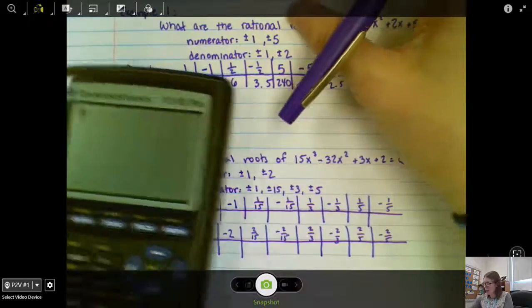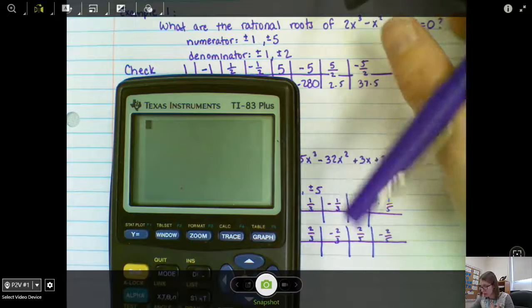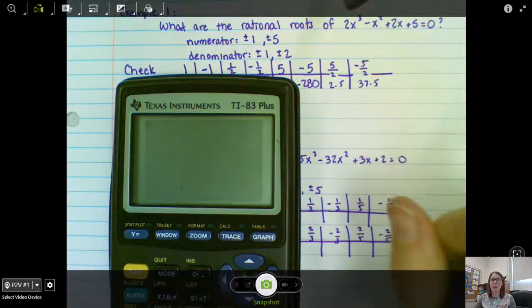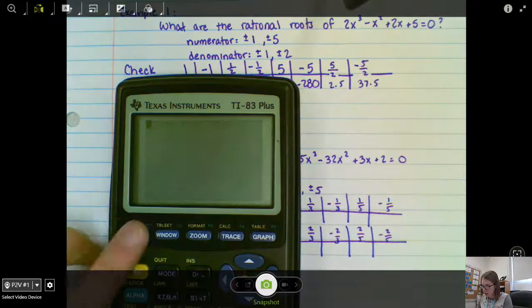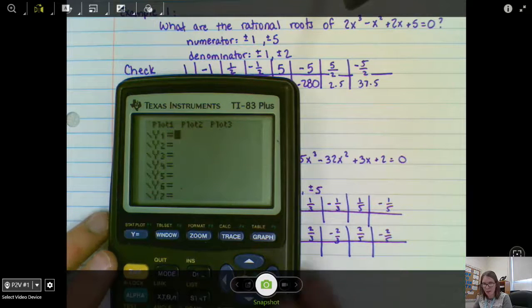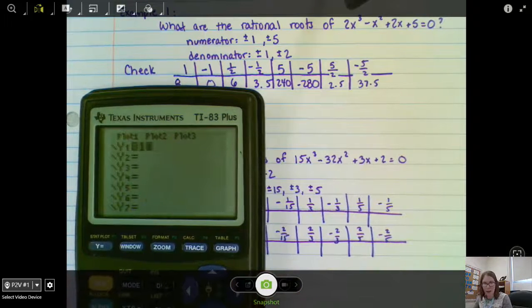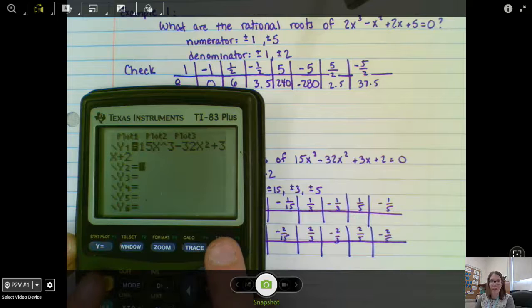All right, the way I usually like to do this, instead of having to actually plug in each of these numbers into my equation, is to go into y equals and type in your function, 15x cubed minus 32x squared plus 3x plus 2. And then let's go to our table.